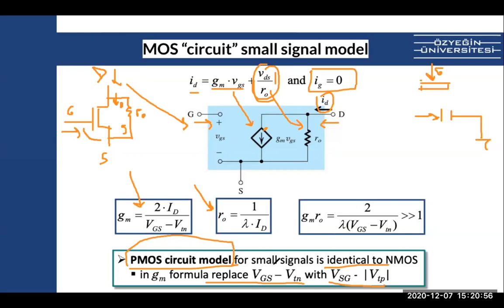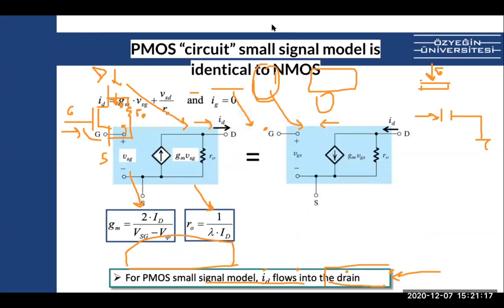So basically, instead of VGS, you care about VSG. Instead of the threshold voltage, you care about minus the absolute threshold voltage for the Pmos. So you need to just go to Wikipedia and look up Pmos, okay, and then study.